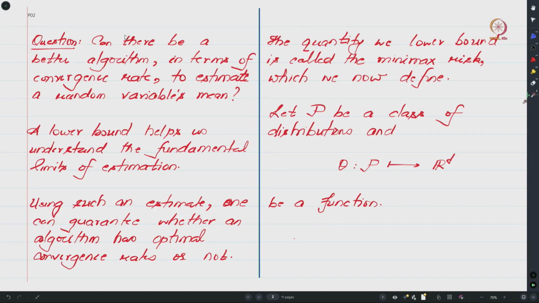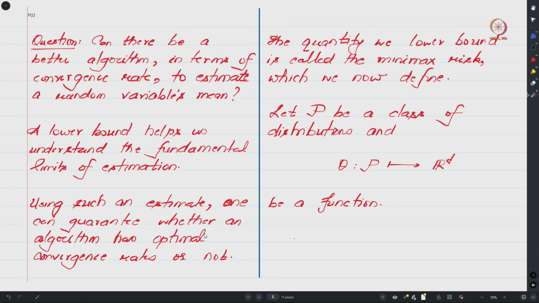So then one can ask, is there a better algorithm in terms of convergence rate to estimate a random variable's mean, right? And to answer such a question a lower bound helps. In particular a lower bound helps us understand the fundamental limits of estimation, right. And using such an estimate one can guarantee whether a particular algorithm has an optimal convergence rate or not, right.